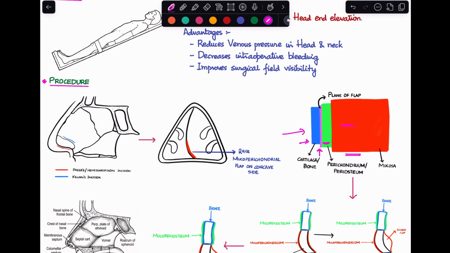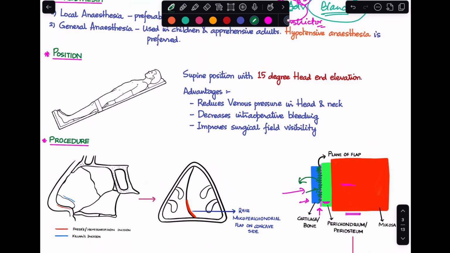So when we are trying to infiltrate here, this local infiltration itself will have a hydraulic effect, as a result of which this itself will assist in flap elevation. So when you infiltrate in this plane, there will be a space created because of the hydraulic effect of the infiltration over here, and it will become easier for you to elevate the flap afterwards in the further steps.